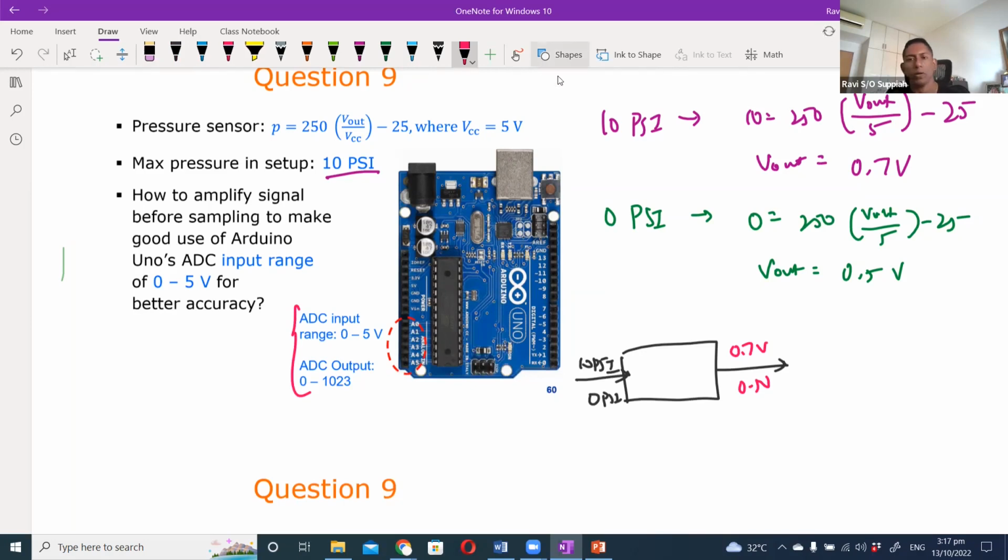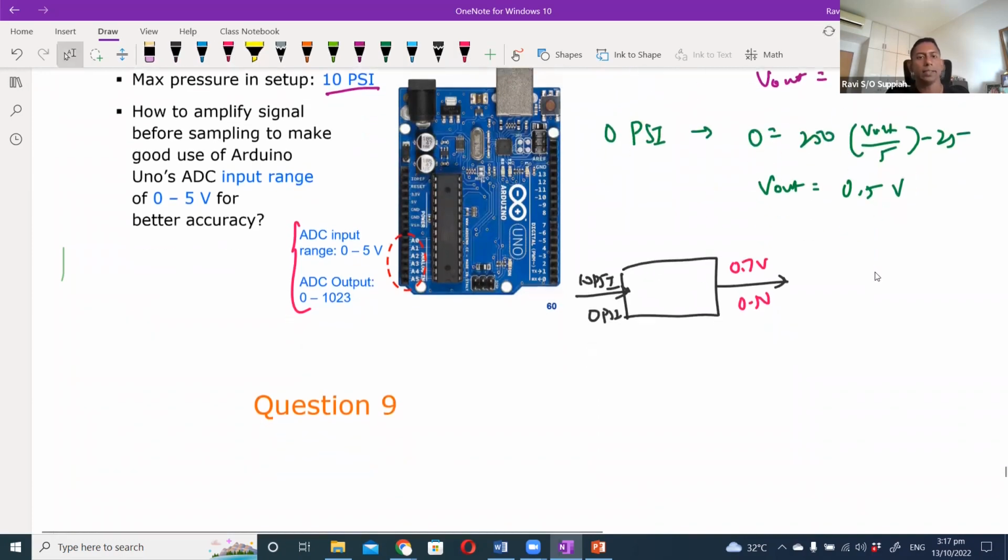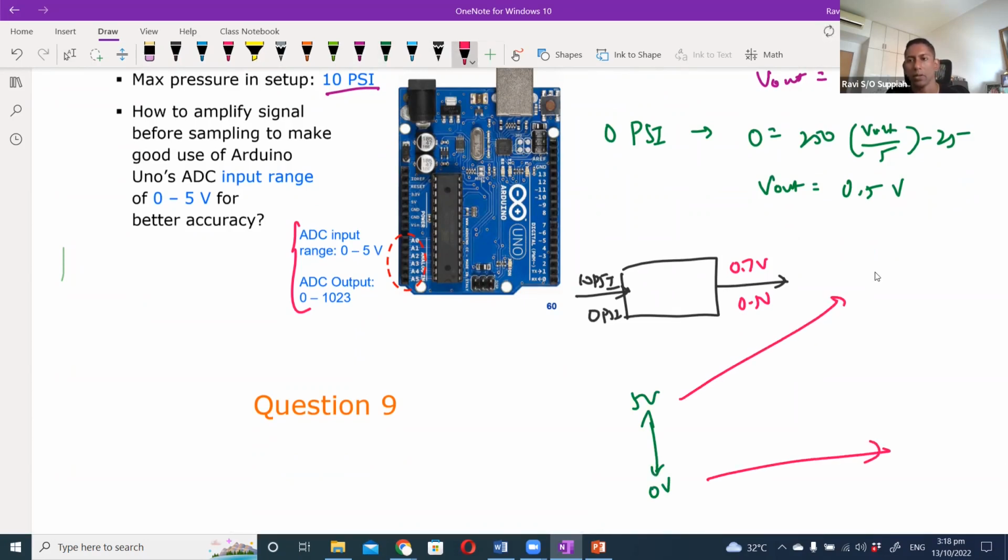If you remember, our ADC is a 10-bit ADC, which means the input range is 0 volt to 5 volt, and this 0 to 5 volt is mapped to a scale of 0 to 1023. Which means that if my input is all squeezed to only a 0.2 volt range, when I map it over, the values will be almost close to each other.